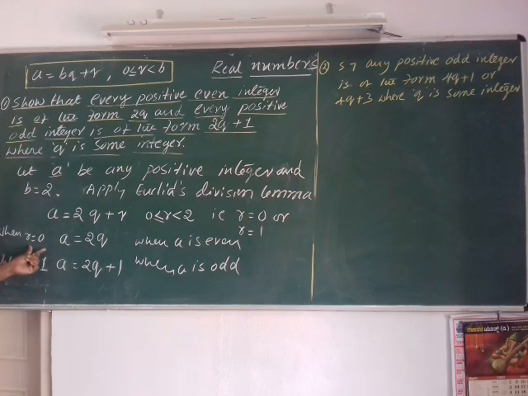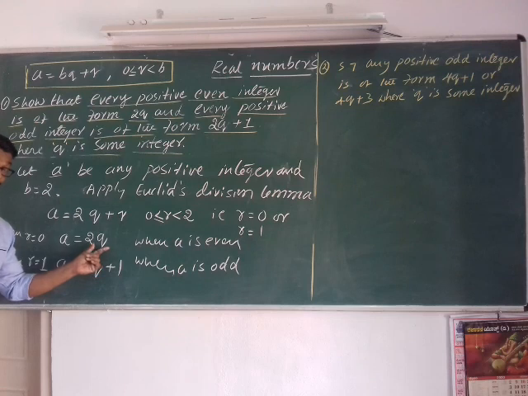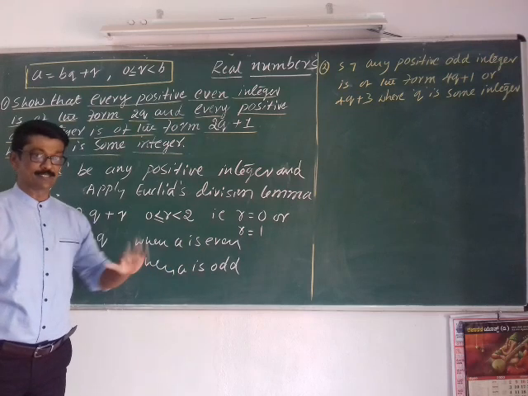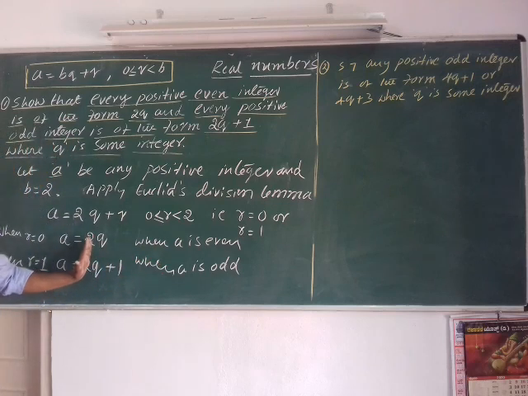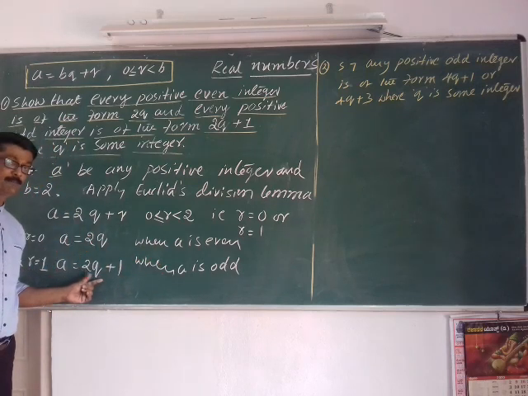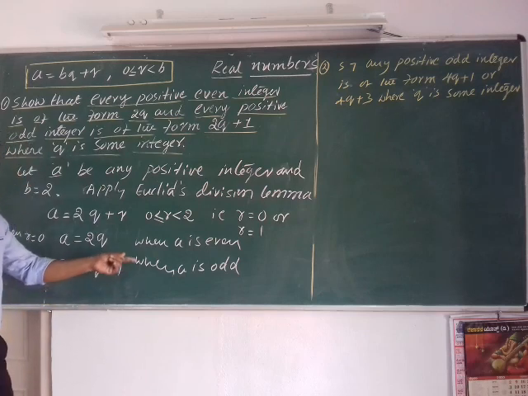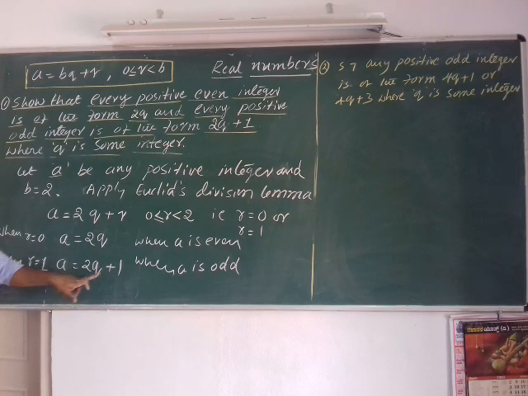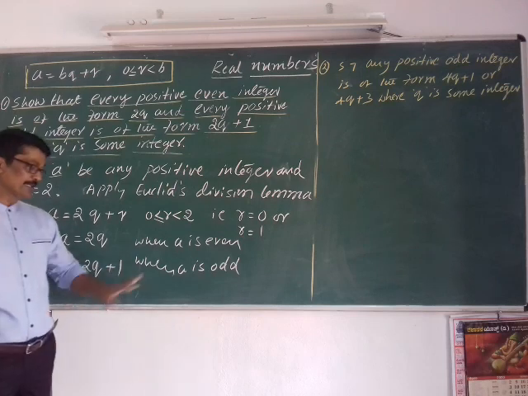When r is 0, the integer is of the form 2q, that is a multiple of 2, that is even, because it is a multiple of 2 into q. When r is 1, the integer will be of the form 2q plus 1, which is odd, because it is not a multiple of 2, it is not divisible by 2, therefore it is odd.